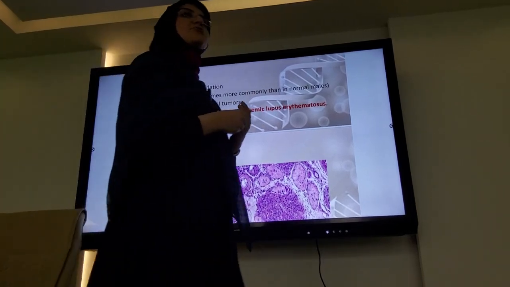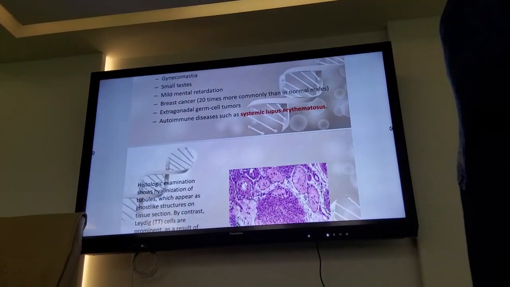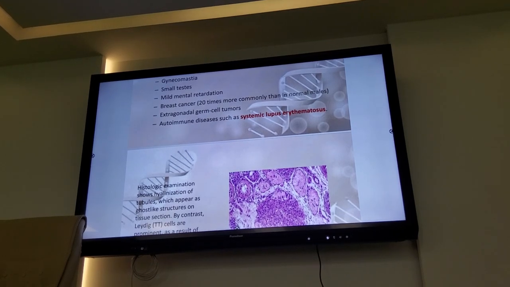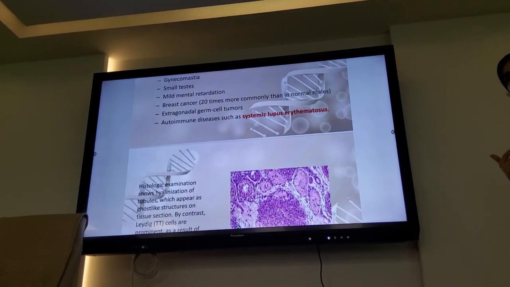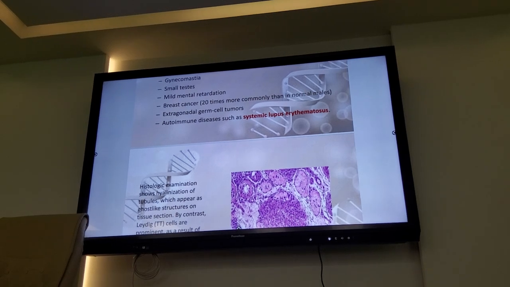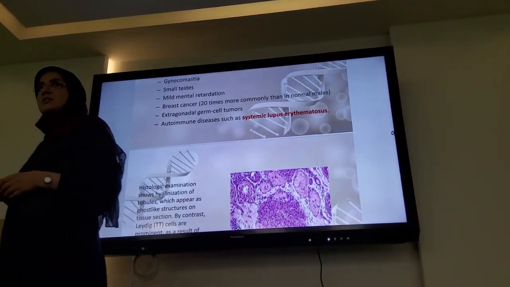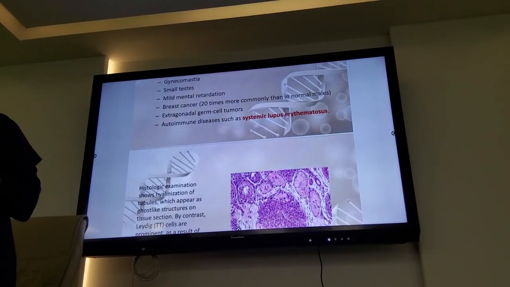Yes, that's right. Increased clotting in their body, and they have some ulcers inside the mucosa. In puberty, systemic? No, I don't think so. Okay.